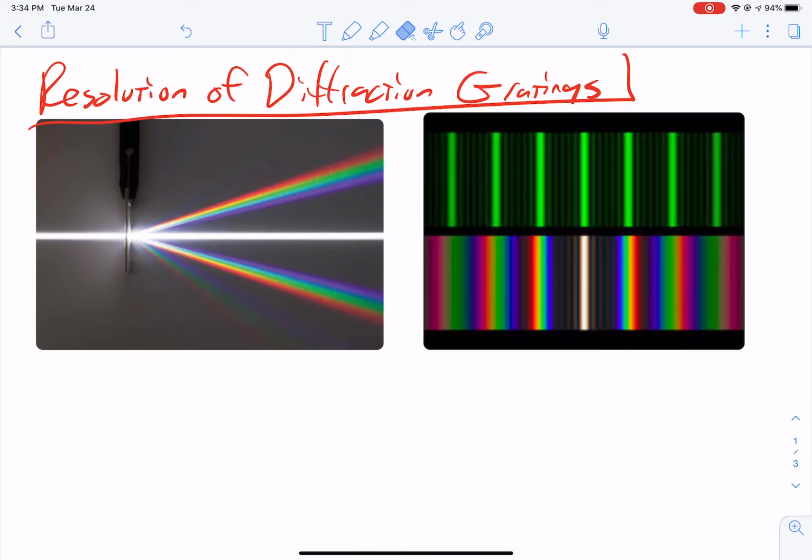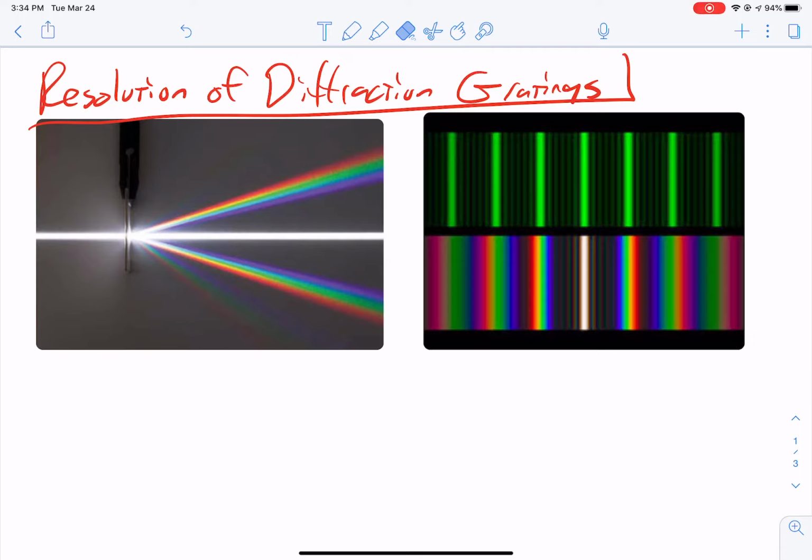Today we're going to shift gears slightly, and look at resolution not of two separate objects, but instead resolution of wavelengths. So we're going to talk about the resolution of diffraction gratings. This is very helpful, used a lot in science. As you go into your science classes in college, you will likely use what's called a mass spectrometer.